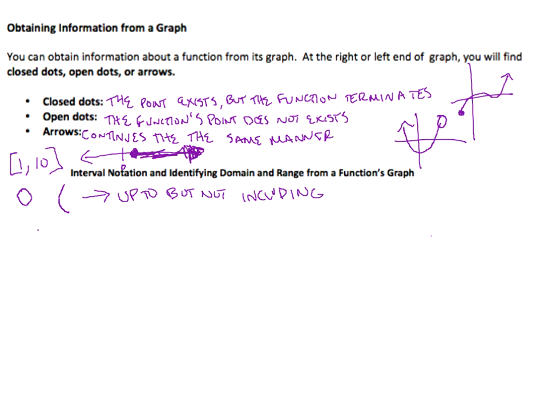Let me finish talking about it, and then I'll give some examples. We have a closed dot in number line notation, which corresponds to a bracket in interval notation. And that means up to and including.